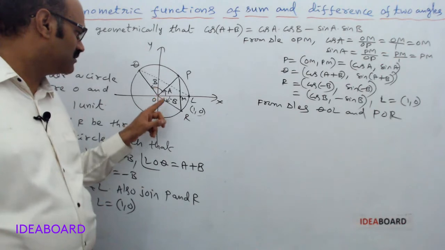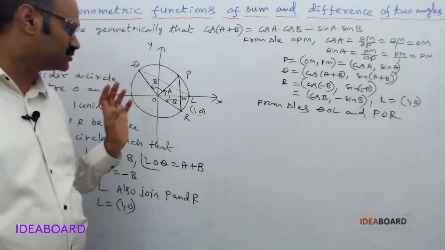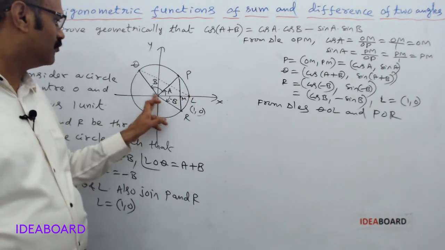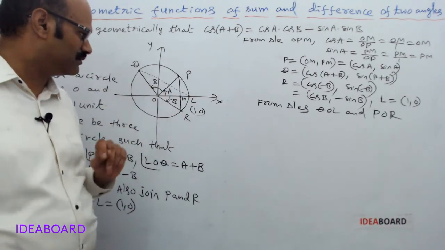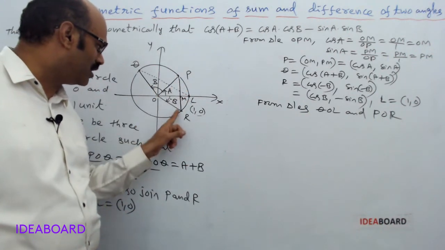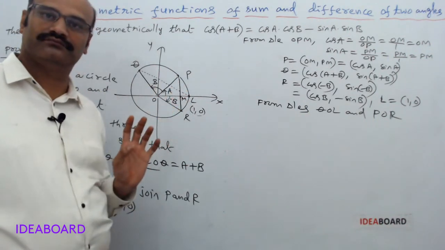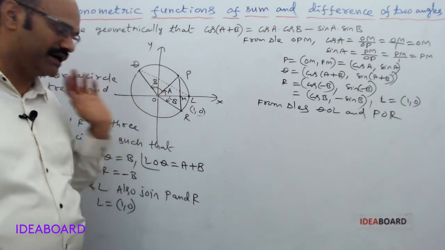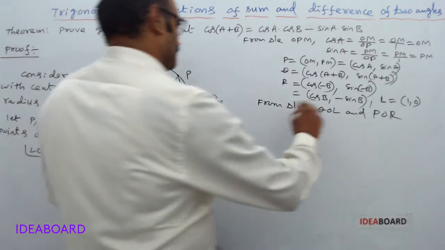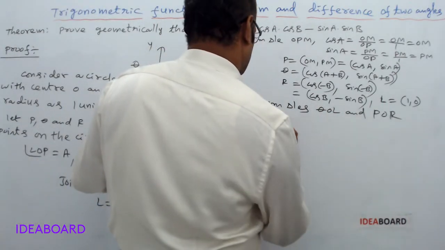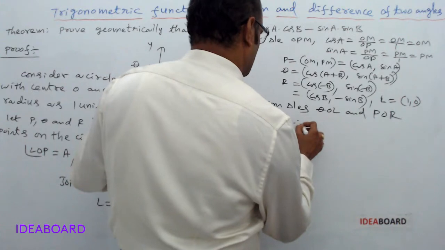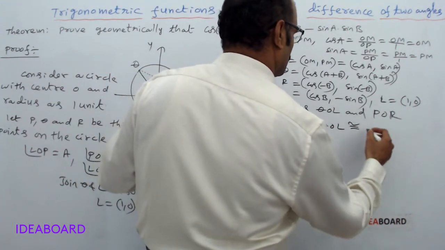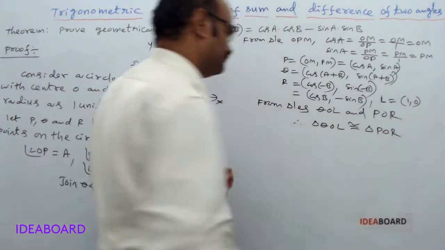Here this radius equals 1 and this radius also equals 1. Also angle LOQ equals A plus B, and angle POR equals A plus B. So we say that these two triangles are congruent. Therefore triangle QOL is congruent to triangle POR.